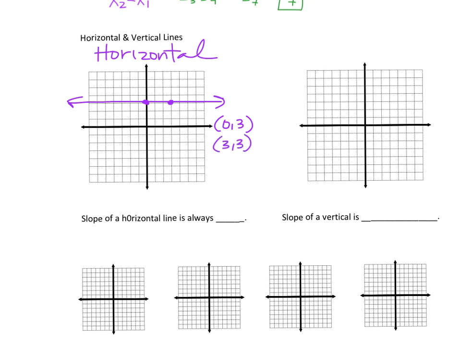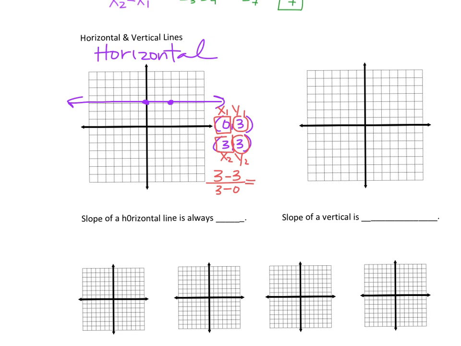If I call this my x1, y1, and this my x2, y2, then I can plug that into the slope formula: y2 minus y1, so 3 minus 3, over x2 minus x1, which is 3 minus 0.